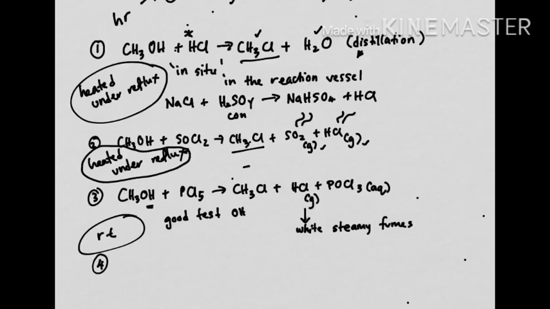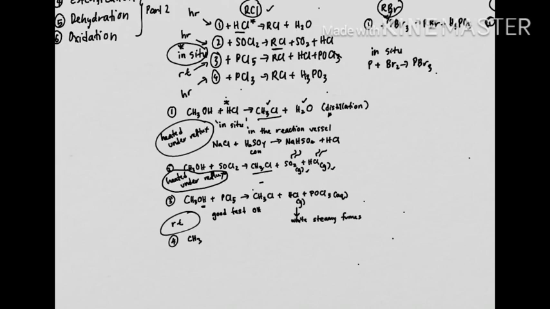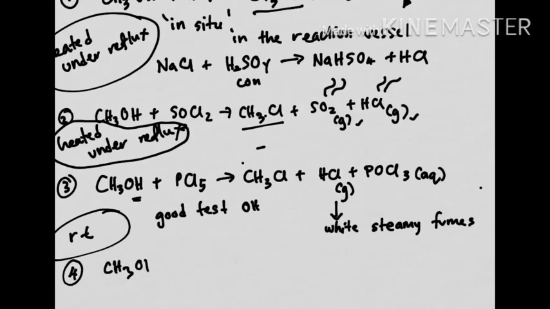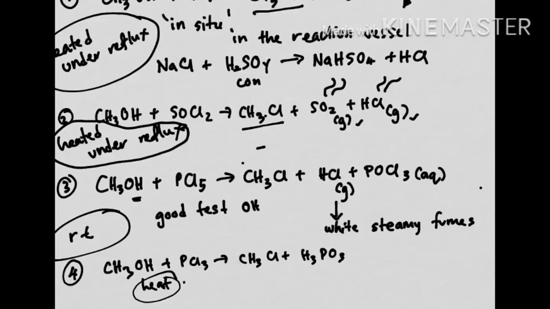Now for the fourth reaction, you can do the same thing using PCl3, okay, to give you the RCl. So if I write the equation, CH3OH plus PCl3, you are going to get CH3Cl plus H3PO3. Now this one you get the RCl and H3PO3, but you still need to heat the substances.